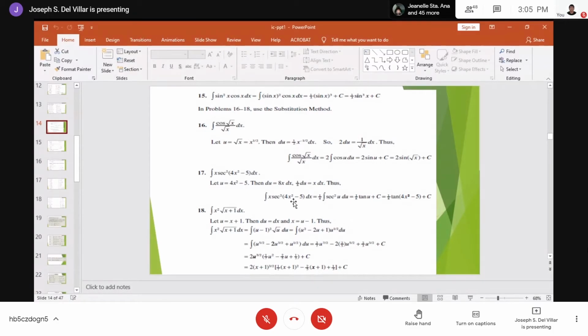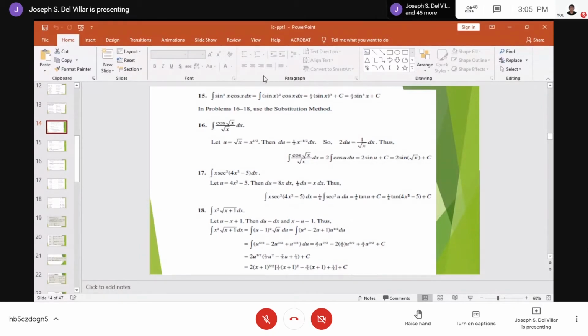Okay, so take a look at number 16. The integral of cosine of square root of x over square root of x dx. Let u be equal to square root of x, and that is x to the 1/2. Take the differential of both sides. The differential of u is du.